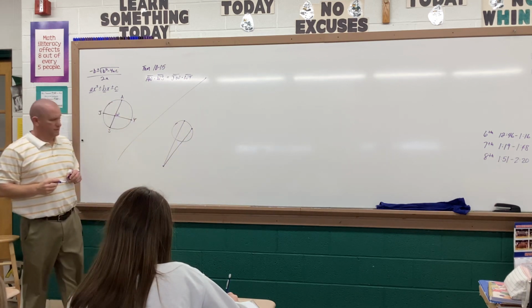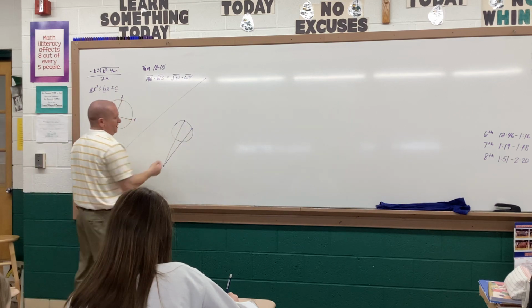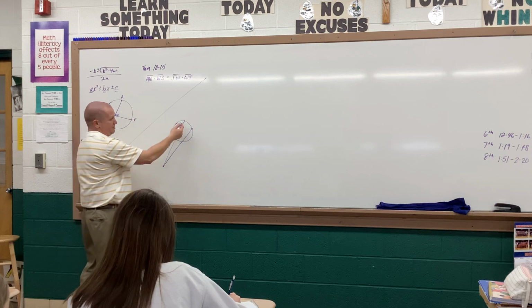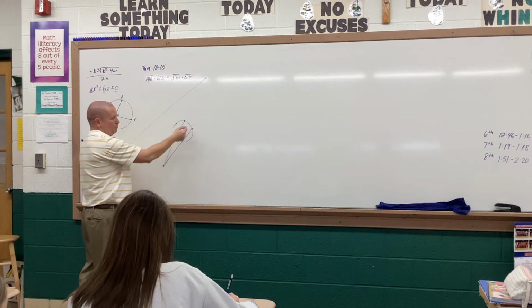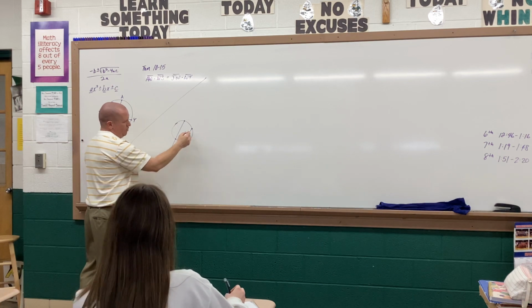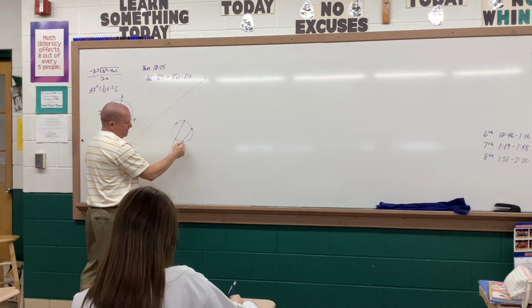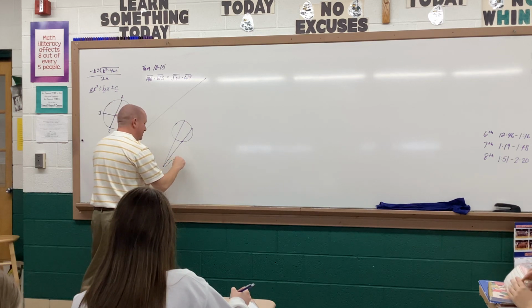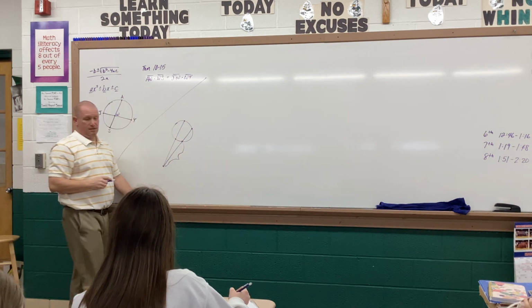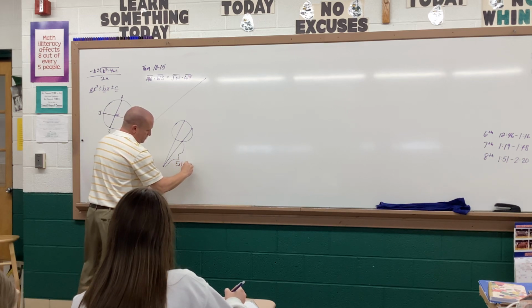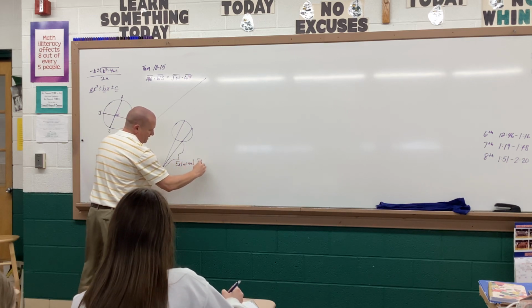Everybody agree that these both are still secants? Right? Because this segment only touches my circle in two spots. This spot up here and this spot down here. Or this spot and this spot for the second one. Okay, so what we want to emphasize in this is this part right here. This is called the external part of your secant.